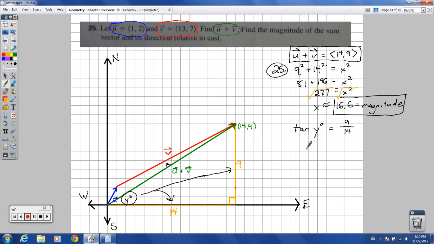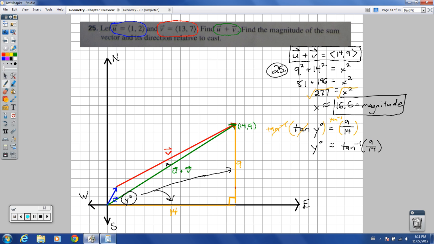So we're going to solve this for just plain old y degrees. I would take inverse tangent of both sides here. That would cancel out here and here. And this time, since I'm saying it's degrees, I don't put the measure of y. It's just y degrees equals the inverse tangent of 9 over 14.